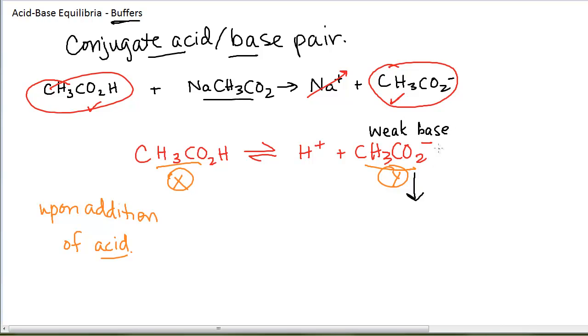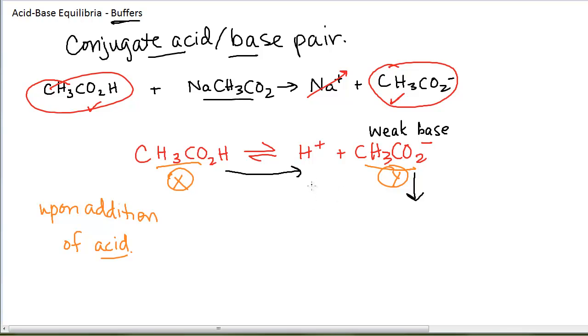An acid reacts with a base, especially a strong acid, and so some of my acetate ion will be removed and the equilibrium will shift back to the right to replace some of the weak base that was removed, in which case the equilibrium reestablishes itself and the amount of H plus that is present, so the pH of this solution, will remain approximately the same.